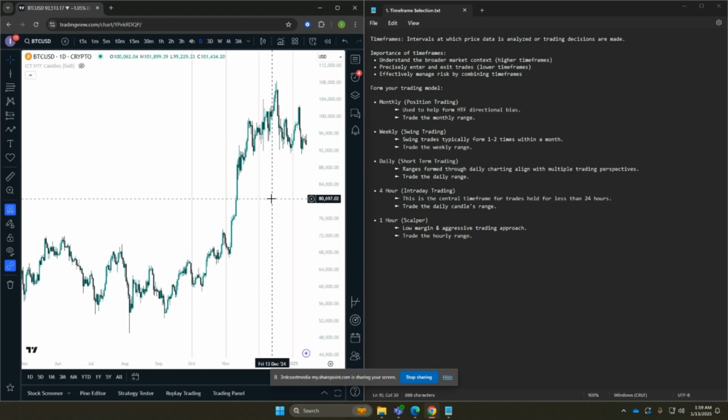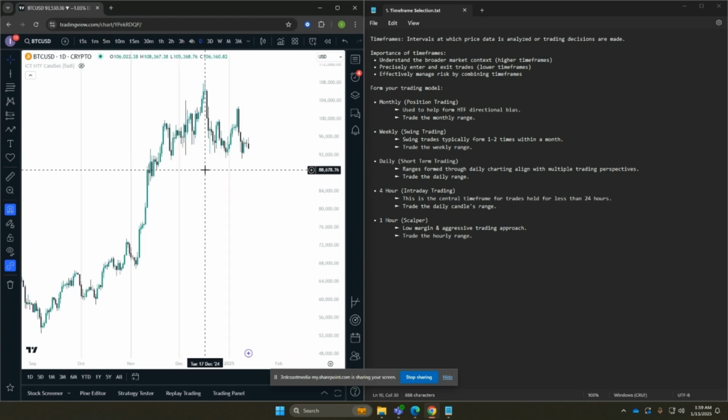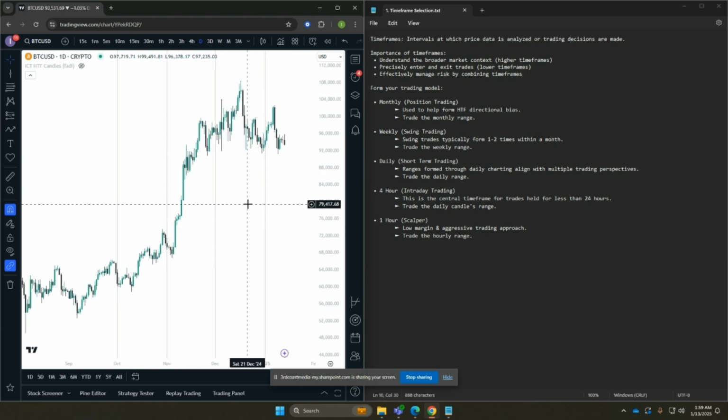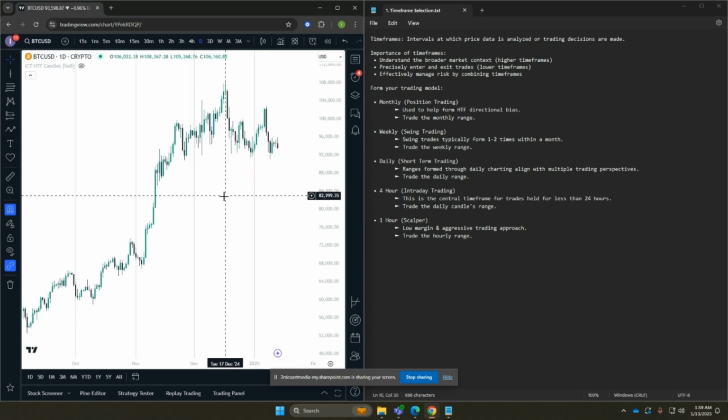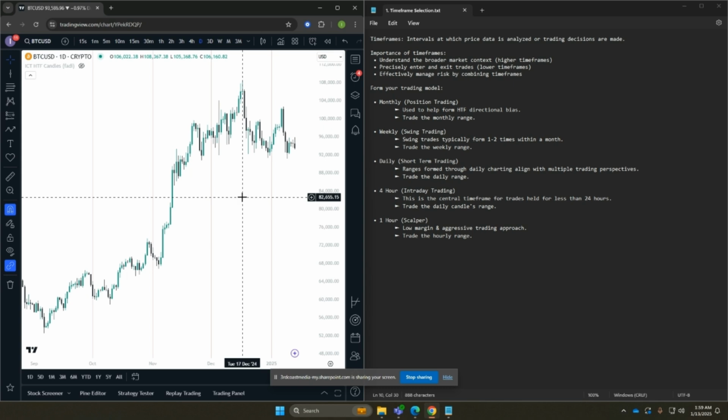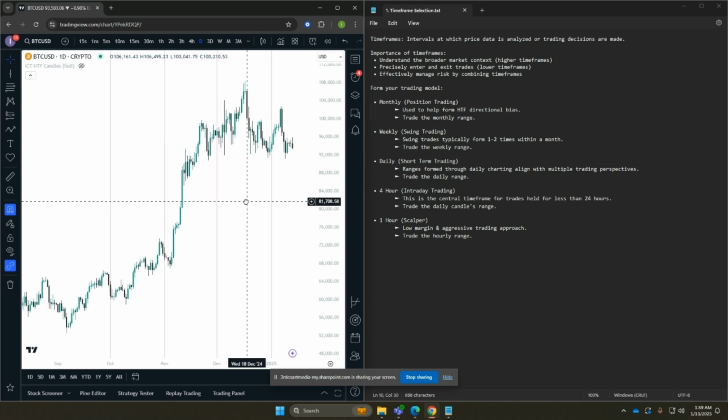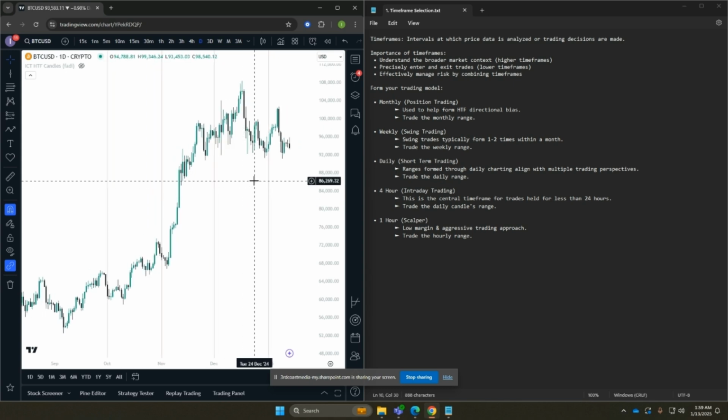If we move to the daily chart, this is a perspective that is more short term. Ranges formed through daily charting align with multiple trading perspectives. So position traders, swing traders, they all tend to look at the daily chart.